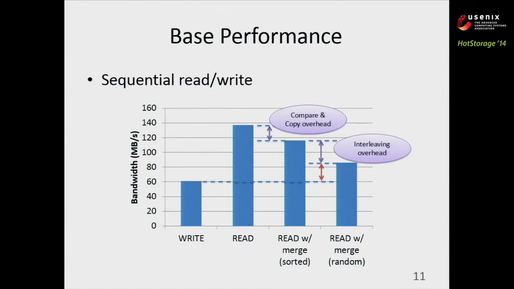Okay. Yeah, and the last is the read with merge. So there is some overhead to get the sorted output, but we can reduce the overhead. And if you use multiple reads for sorted output, you can generate the result and save it to the disk for multiple reads. Okay. Yeah. All right.